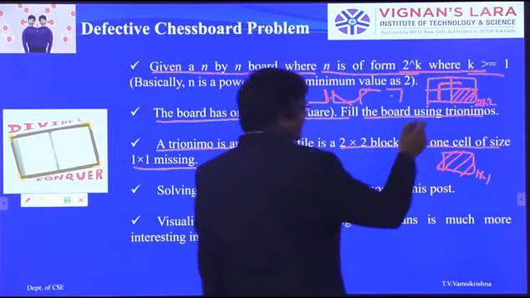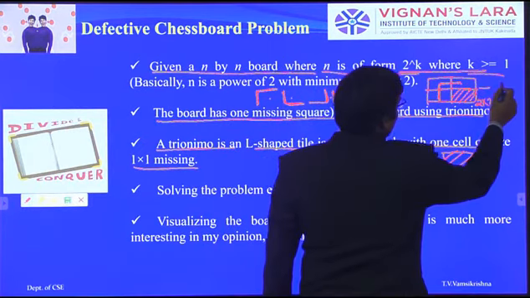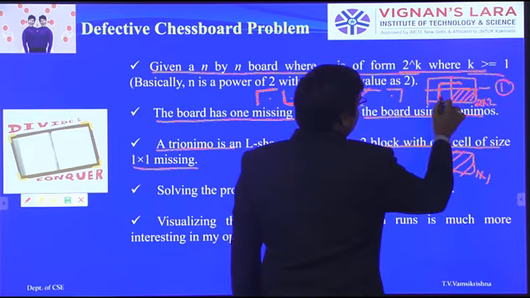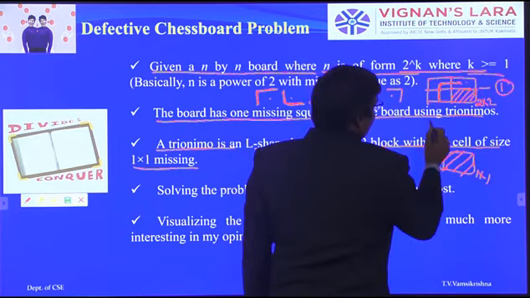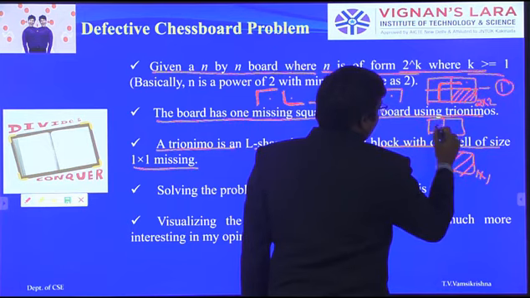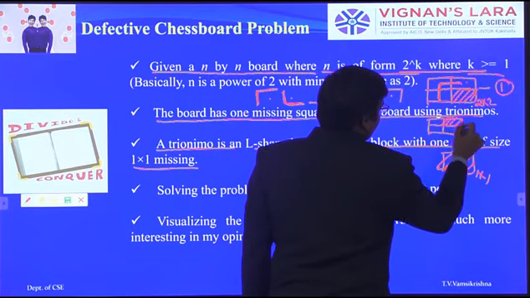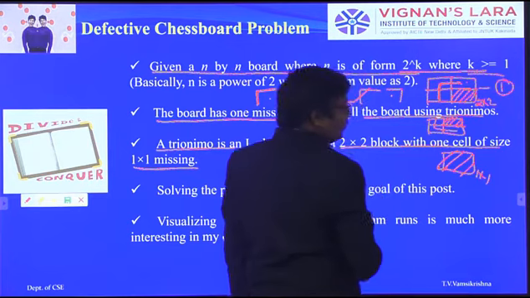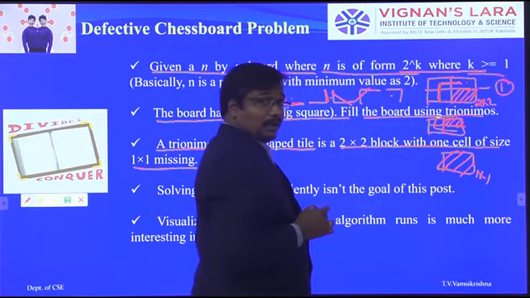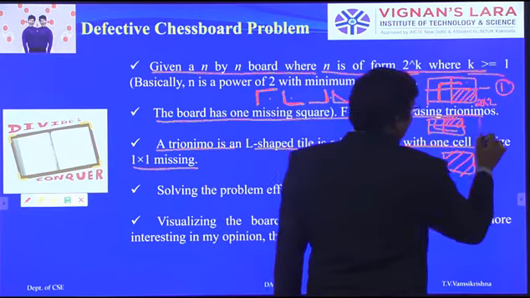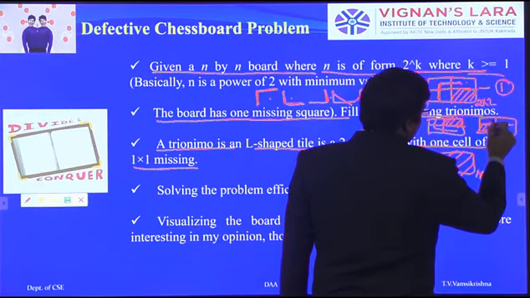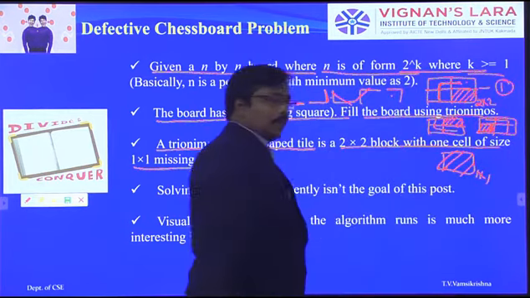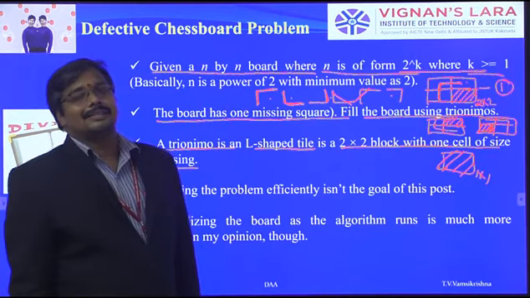But in the case of a 2 by 2 chessboard, one triamino is required. This is the triamino. Suppose this is the defective tile, then this one triamino covers all the remaining tiles. If the defective tile is in another position, this is one more triamino covering all the tiles.